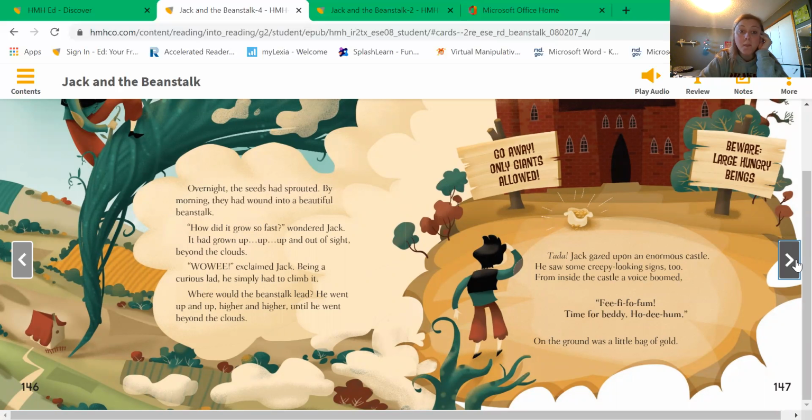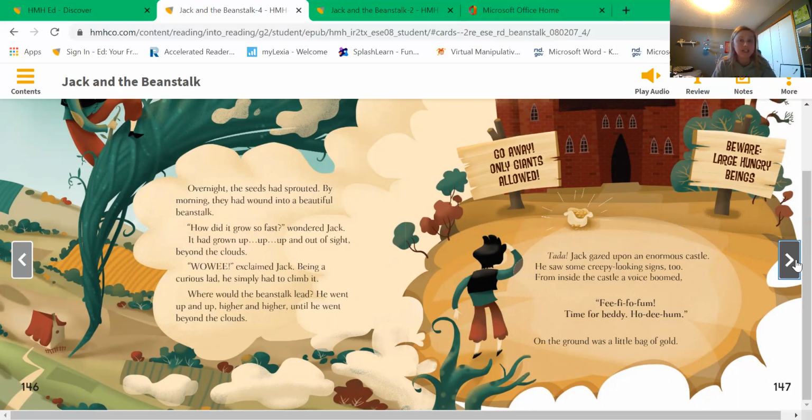It had grown up, up, up, and out of sight beyond the clouds. Wowie! exclaimed Jack. Being a curious lad, he simply had to climb it. Where would the beanstalk lead? He went up and up, higher and higher, until he went beyond the clouds. So those are our pages.